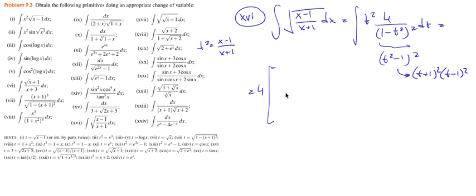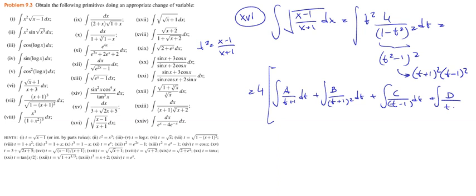And then we have the primitive, or, well, if you include the 4 here, this is a divided by t plus 1 dt plus b divided by t plus 1 squared dt plus c divided by t minus 1 plus d divided by t minus 1 squared.